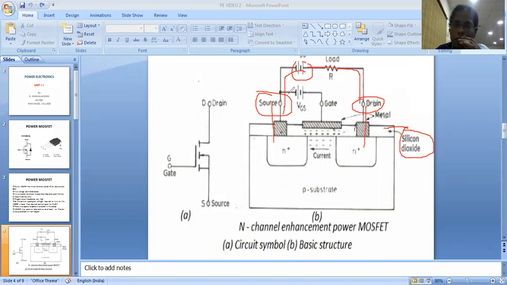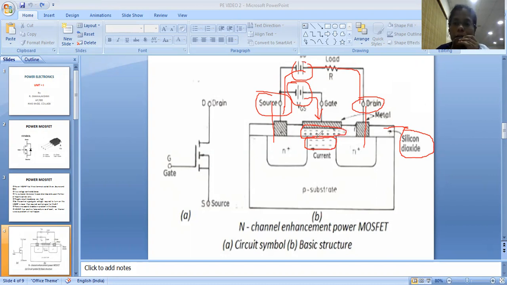Once the gate is triggered, that is, once the gate source voltage is connected, positive polarity is connected at the gate terminal and negative is connected to the source. It will induce an electric field under the gate terminal due to the excitation at the gate terminal. Because of this induced electric field, electrons will penetrate the P layer, because the positive polarity charges attract negative charges.